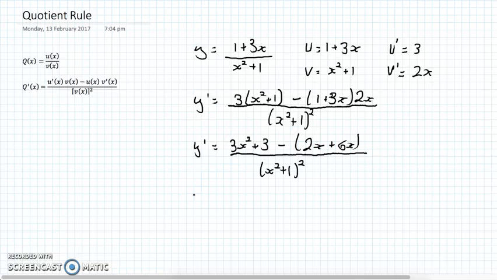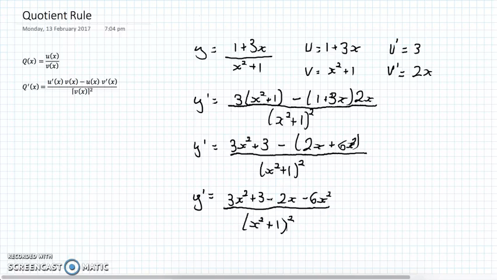Can still simplify it further. Let's do it. 3x squared plus 3, take 2x, take 6x squared. Now I've got a squared term up there, so let's put it in. So remember, this is just going to change over here to be a minus sign, all over (x squared plus 1) squared.